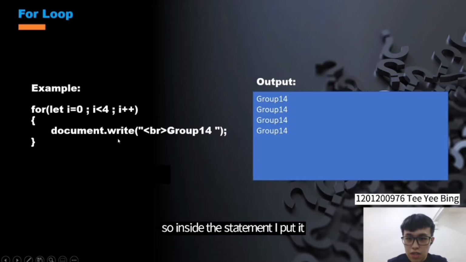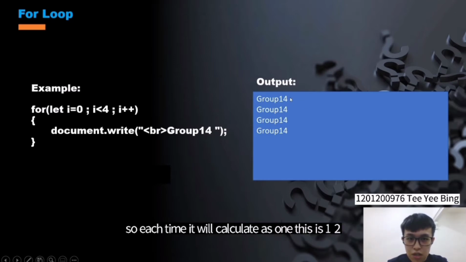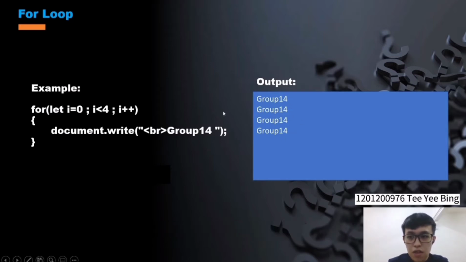Inside the statement, I put it to print out group 14, and here is the output. Because the condition is 4, it will call the statement 4 times. Each time the counter increases by 1: 1, 2, 3, 4. So as you can see, it called out 4 times.